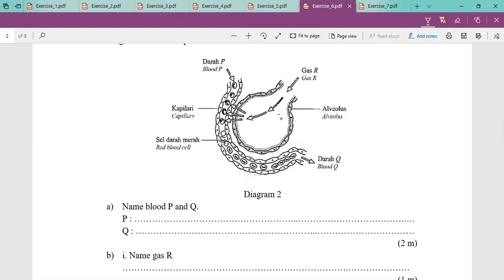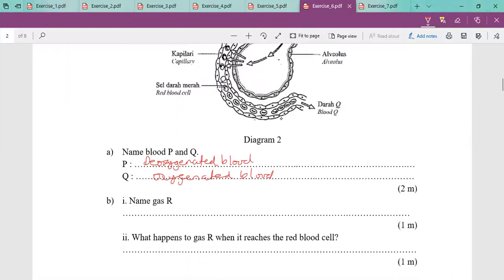So the gas will be oxygen. So P will be deoxygenated blood, and Q will be oxygenated blood, because the blood has already got enough oxygen. The gas R is going to be oxygen.